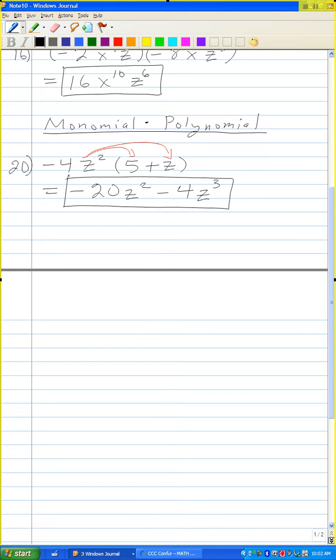Let me do problem number 28. Negative 4a squared times 2a squared minus 3a minus 6. So by distributive property, let me multiply the negative 4a squared inside the parentheses.